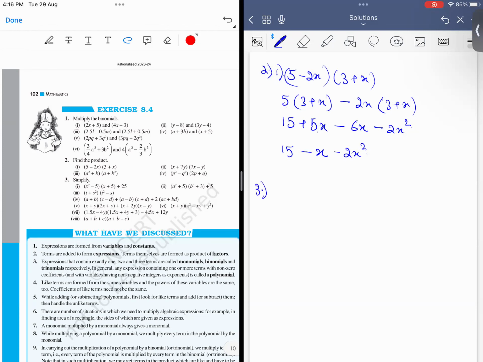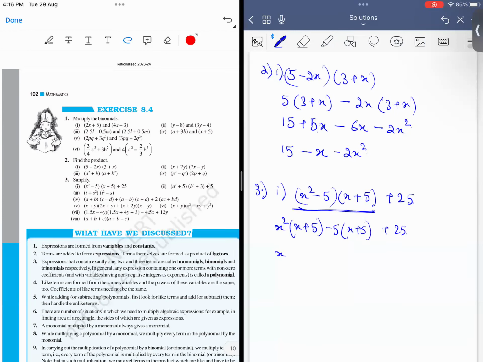In the third question, this is asking the same thing. So in the first question you see x square minus 5 into x plus 5 plus 25. These two binomials are in product, so we'll simplify them first. So x square into x plus 5 minus 5 into x plus 5 plus 25.